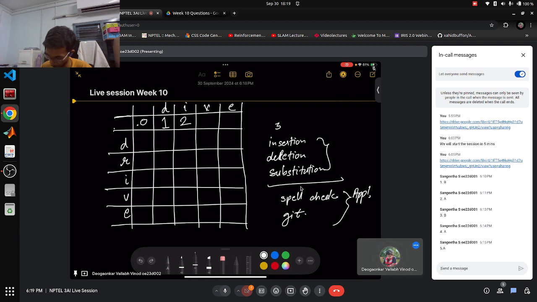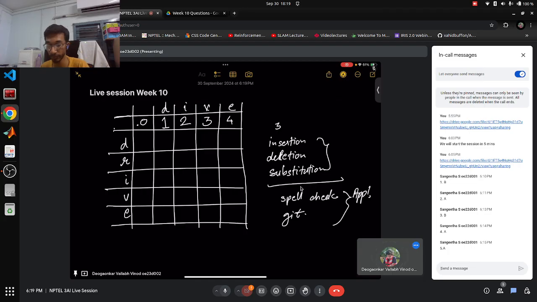Similarly, from a blank to D, I and V, that gives us 3 insertion operations. To go from a blank to the entire word DIVE, we need 4 insertion operations. So that's how you fill in the first row.